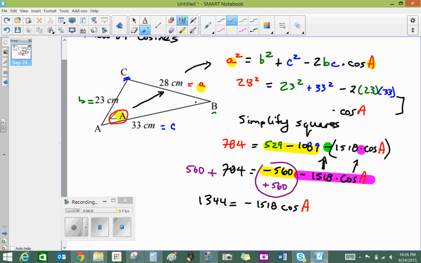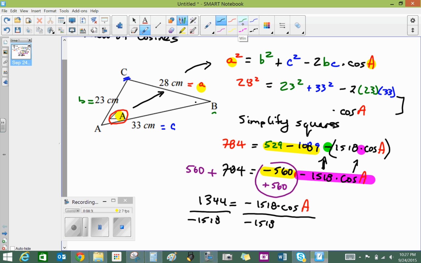So now it comes time to isolate A. So we have the cosine of A, okay, and remember that that's being multiplied right here. So we're going to undo or reverse that multiplication. So let's divide by minus 1518 on both sides.